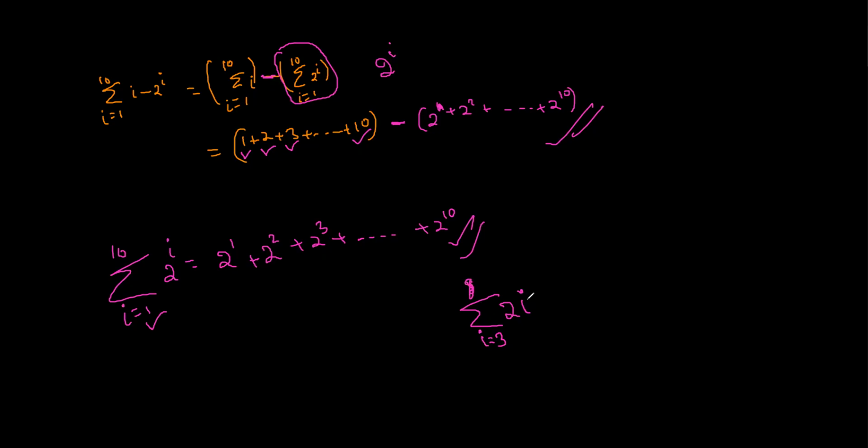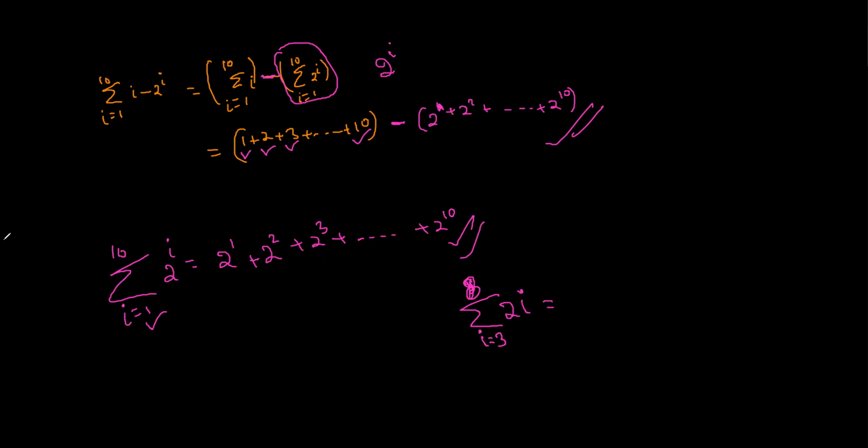What is the value of this? This is 8. So what is the initial value of i? Initial value of i, 8 or 1, 2? No, no, no. Initial value of i, starting value. 3.